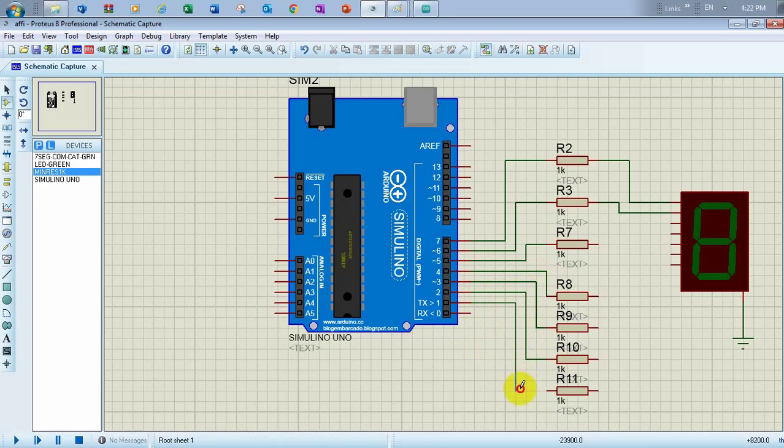Okay, and the other side of the resistors we link with the 7-segment display.